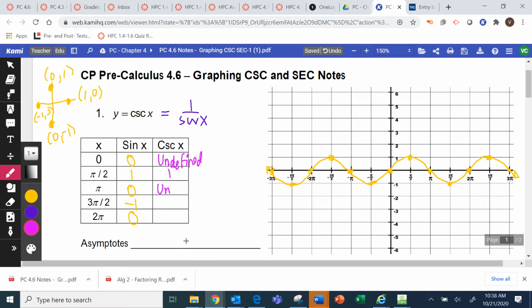I'm going to abbreviate with an unofficial abbreviation, not an official abbreviation. Okay, UNDF. Then I'm going to reciprocate negative 1. It's negative 1. And we get undefined once more. Bless you. Equals 0 at x equals pi, and at x equals 2 pi.